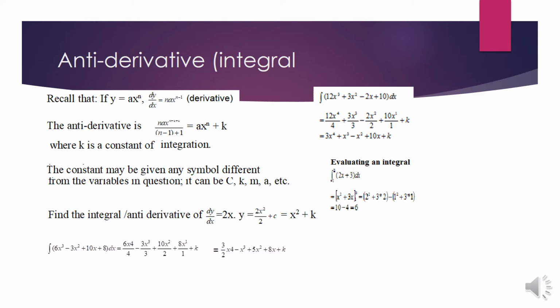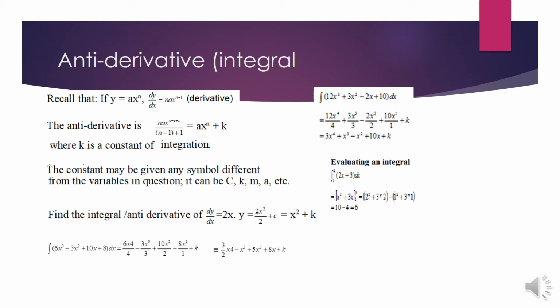Integrate 2x plus 3 with respect to x. It will become x squared plus 3x from 1 to 2 outside the brackets, and so we substitute for x with these values, the upper limit values minus the lower limit values.